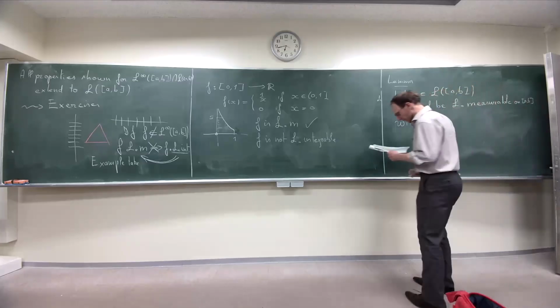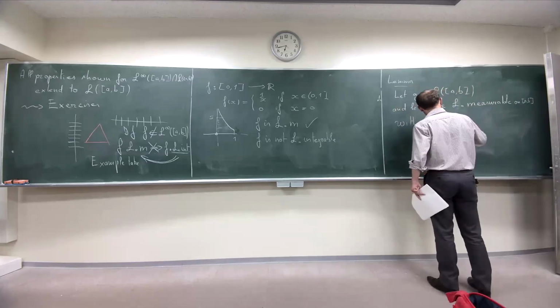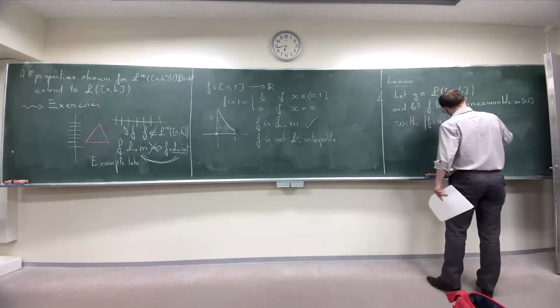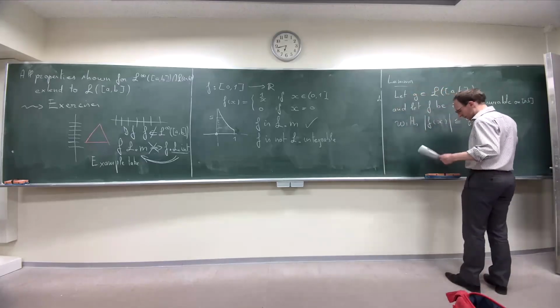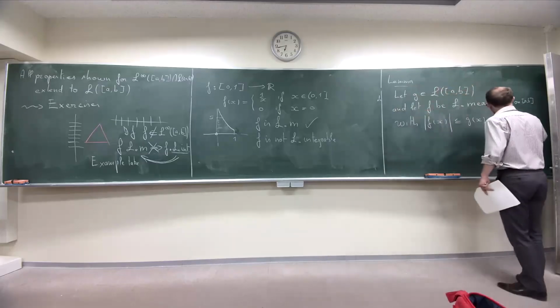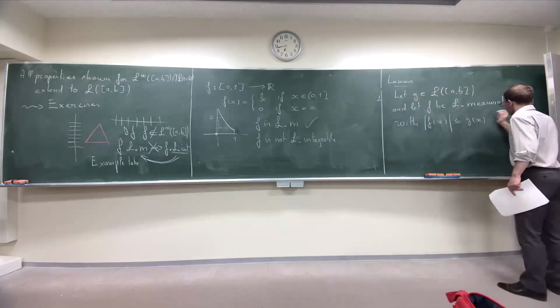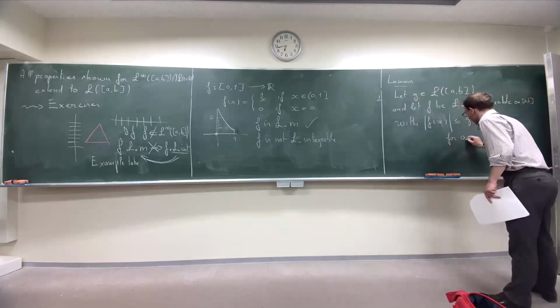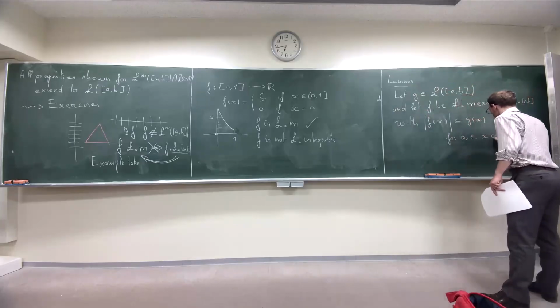Otherwise, it's difficult. But with F of x in absolute value smaller or equal to G of x, for almost every x belonging to AB.